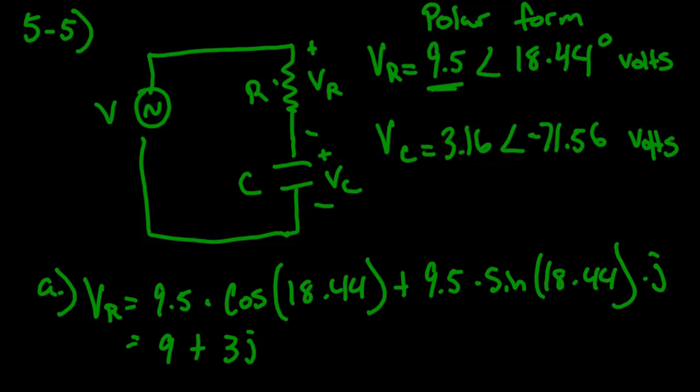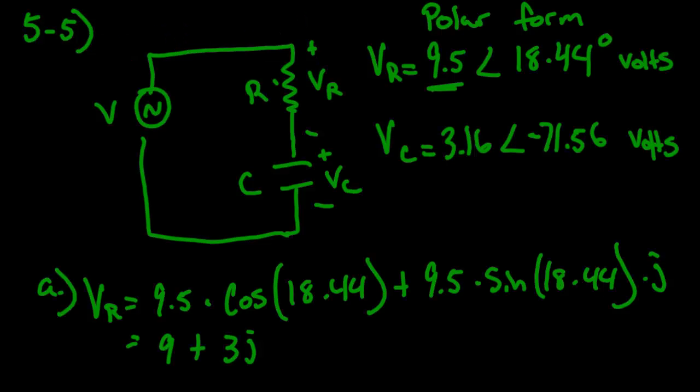Now I'll do VC on the next page. VC is equal to 3.16 times the cosine of, let's go back to see what the angle is. No, it's different. VC is different. The magnitude is 3.16 for this one, and the angle is minus 71.56.